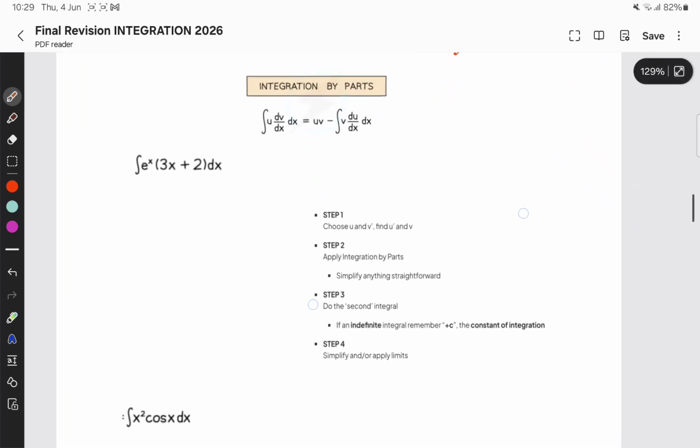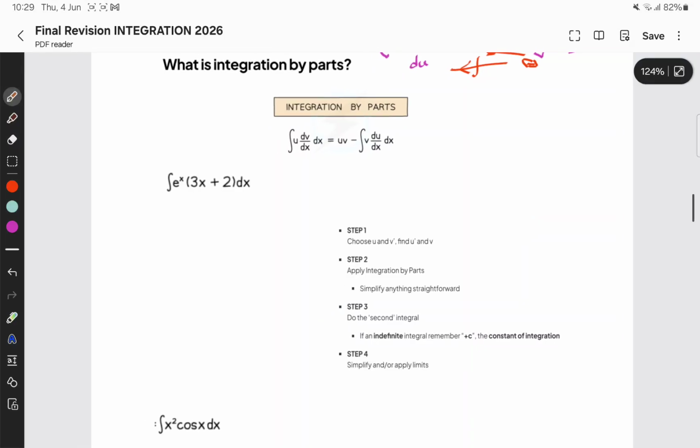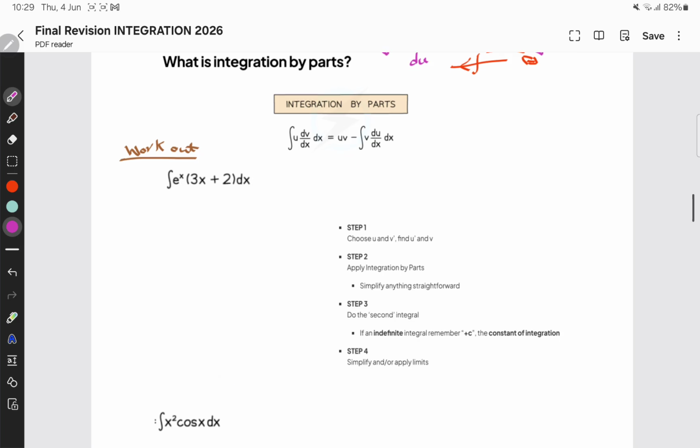So I have some steps to solve some questions here. Look at that question. He said find that integral or work out that integral. First, I have multiplication of two different functions. I have here a bracket but not raised to the power. So I have two functions here. One is called u and the other is called dv.